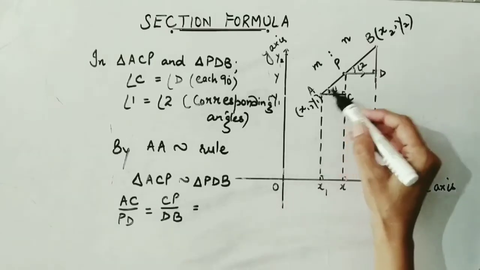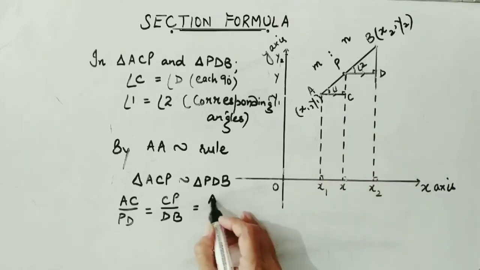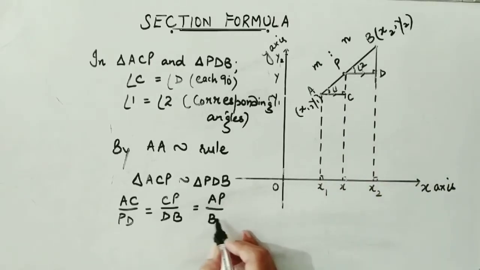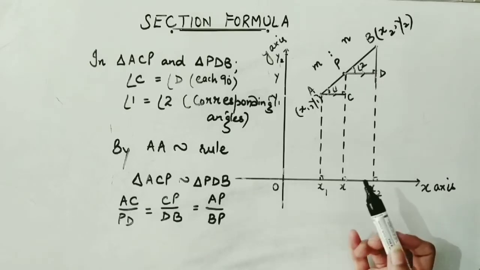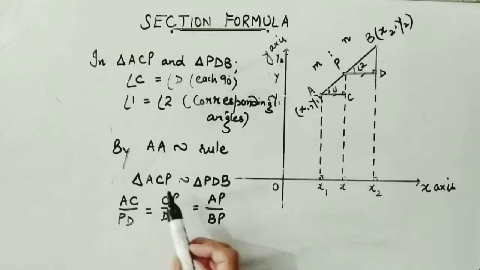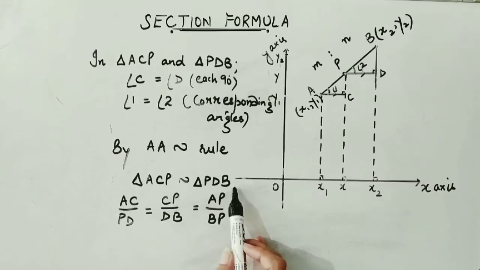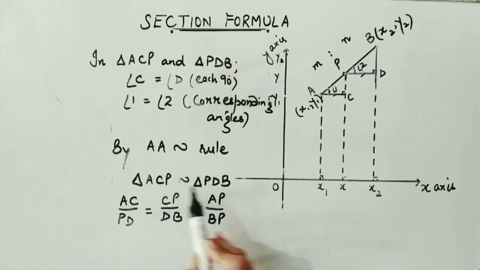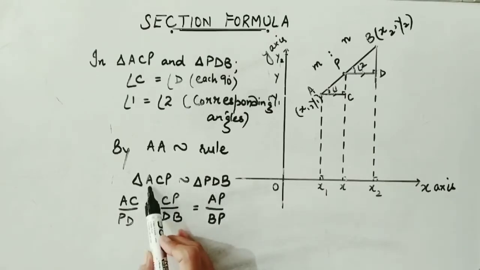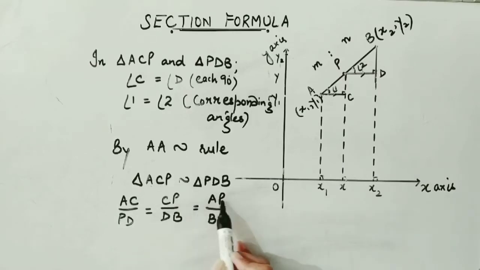And finally, AP upon BP. Another trick to write the ratio of sides is, once you have written triangle similarity, pick the vertices in a row. If it is AC, from the other end it has to be PD. AC upon PD. If it is CP, from here it's DB. From here, if we have taken AP, AP upon PB or BP.